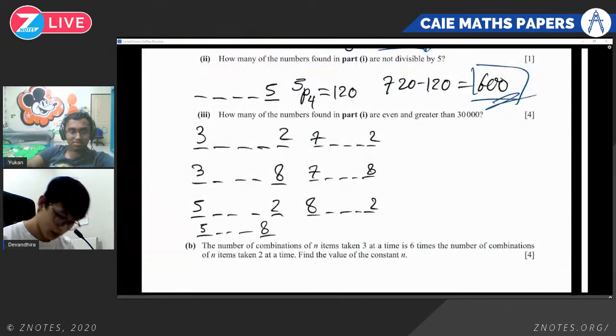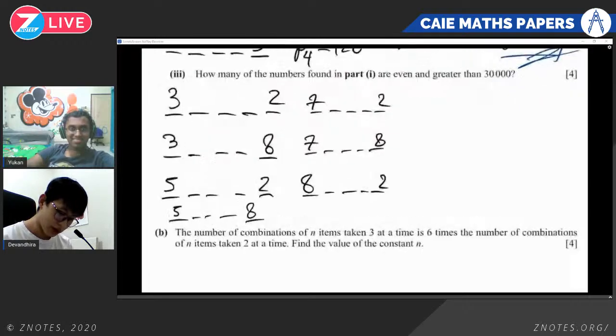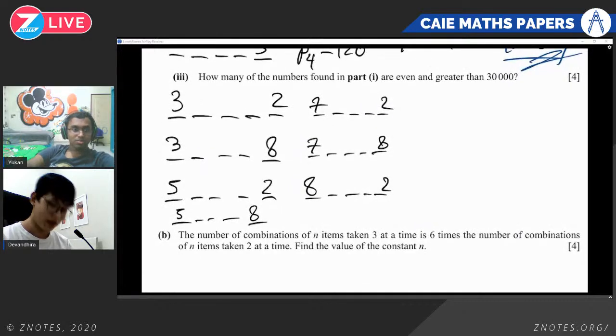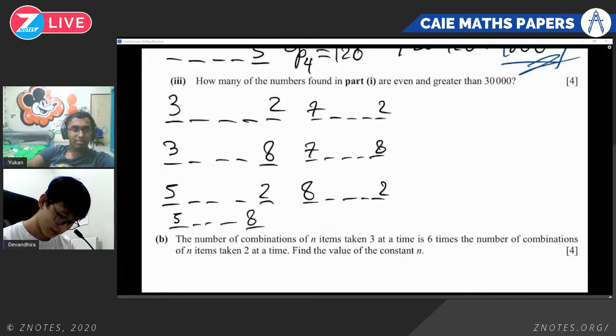Okay, sorry about that. So, as I was saying, do we need to care about when the first digit and the last digit is 8? No, no. Because it says we can't repeat any numbers. That's correct. So now, since we have 7 situations here, let's take a look at the first one. How many digits are left when we put 2 digits here?